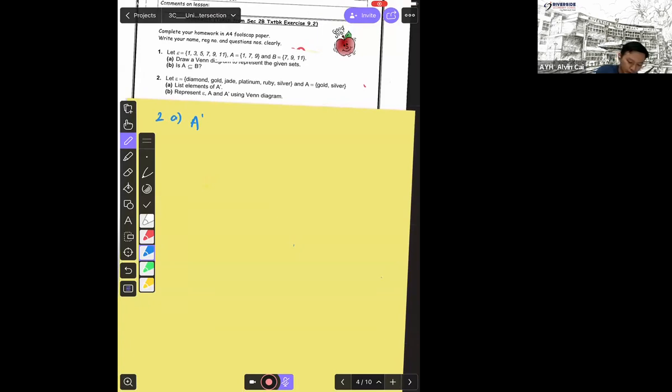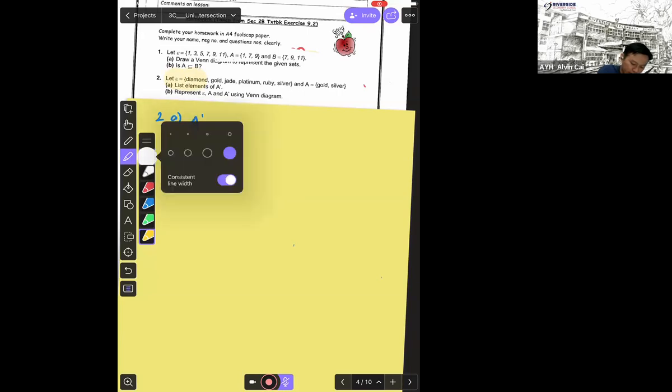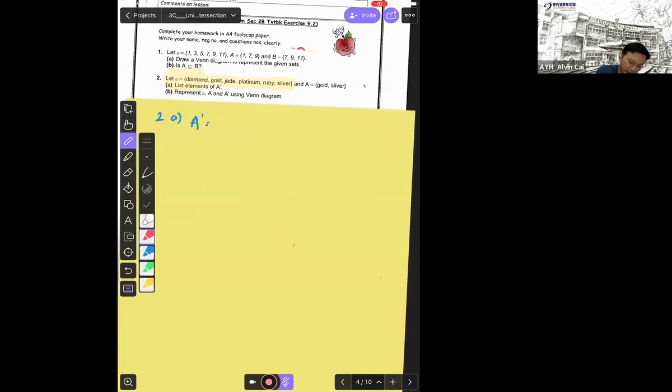So how do we get the A complement? Let's take a look. The universal set is actually this over here. These are the elements we have: gold, diamond, jade, platinum, ruby, and silver. So 1, 2, 3, 4, 5, 6. We have 6.